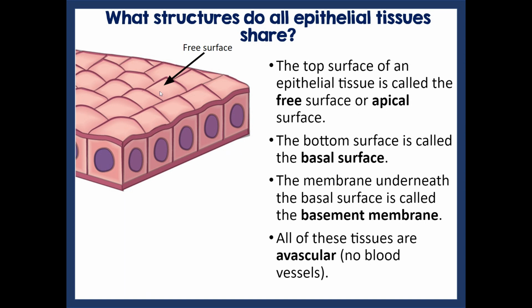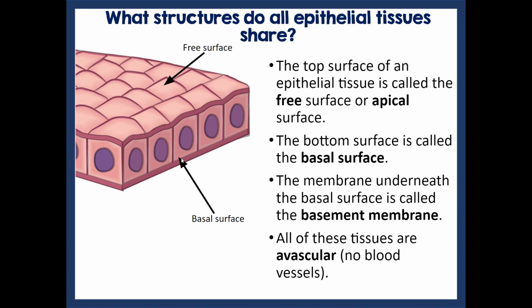So here, each little cube that you see would be one cell. You're putting a bunch of cells together, and that forms a tissue. The top layer is called the free surface. Then the bottom layer of the cubes is called the basal surface.